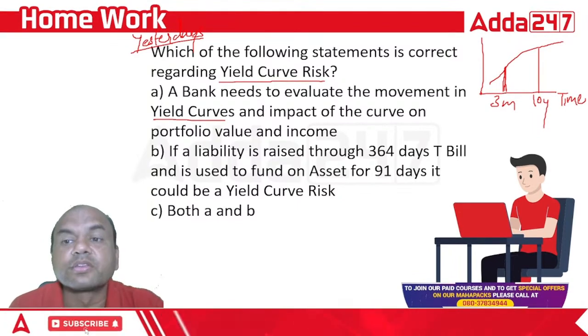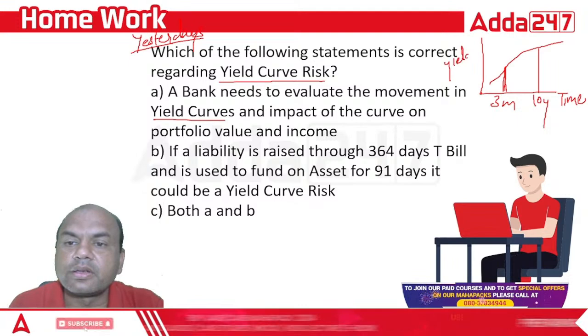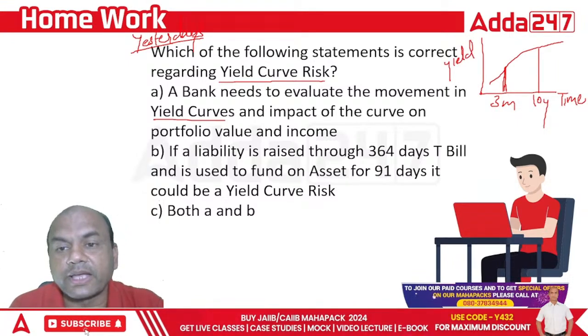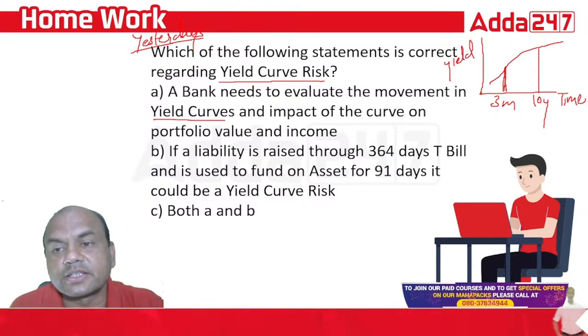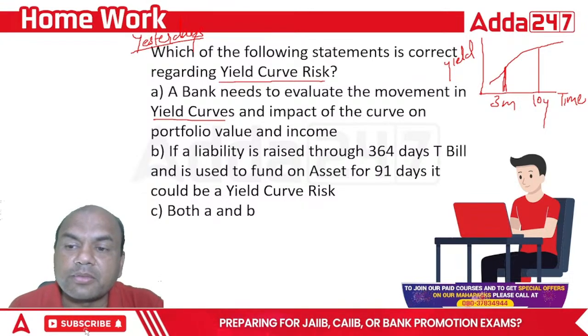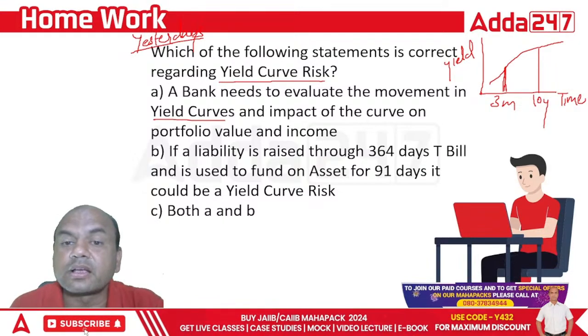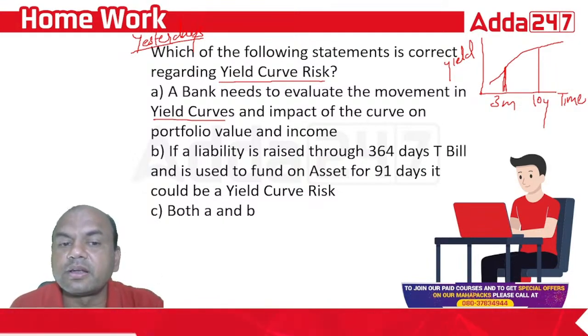On the y-axis it is yield and on the x-axis it is time. So if I go on plotting the yields of various bonds from 3 months to 10 years of the same rating, this is very important, then the curve which I get is known as the yield curve.